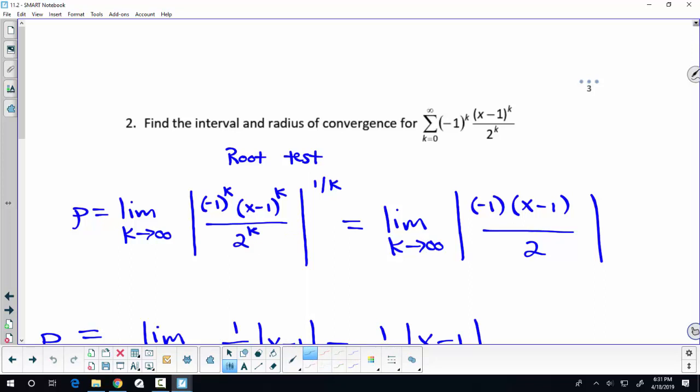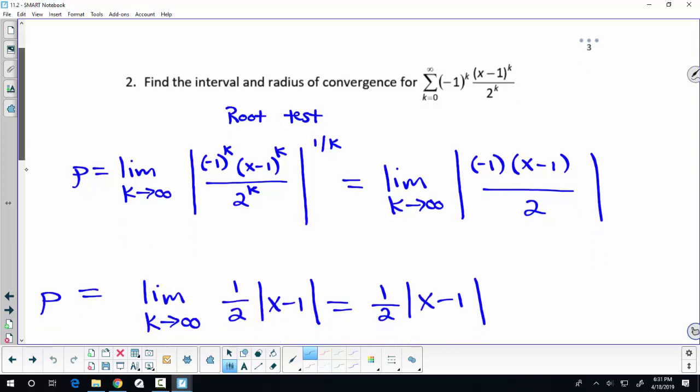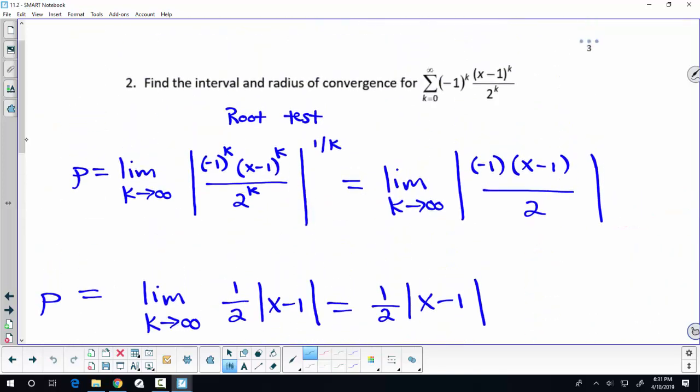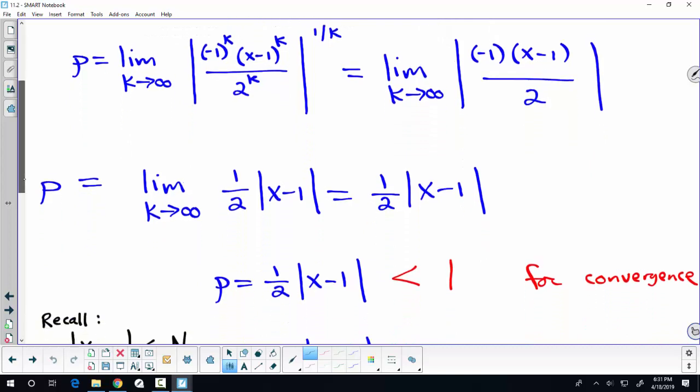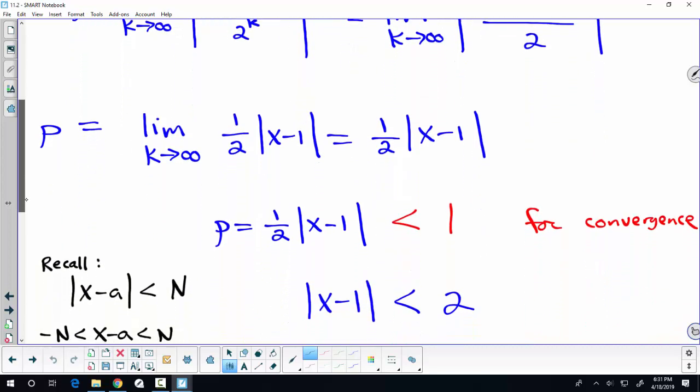So remember, the interval of convergence is that series domain. When we say this series equals this particular function for this interval of convergence, that's the domain where the series and the function are the same. And we applied the root test. Did anyone have any questions on what we've done so far?